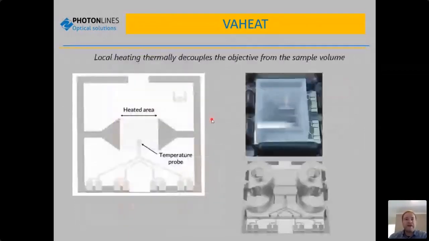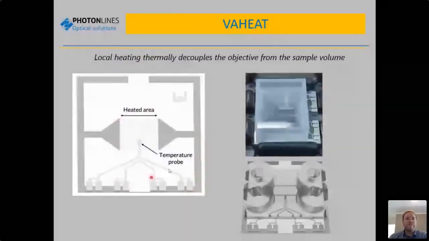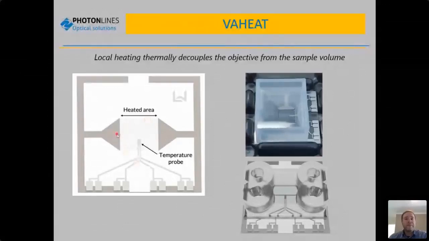And the device that they came up with is basically this cover slide. It's called Smart Substrate. It has the size of a cover slide. It has a heated area in between and a temperature probe. It only locally heats this small region here, and then it thermally decouples the objective from the sample volume.